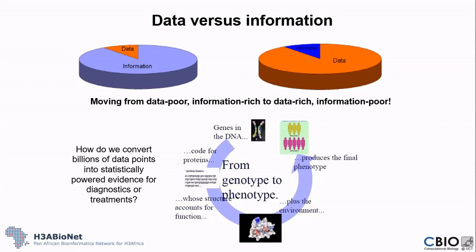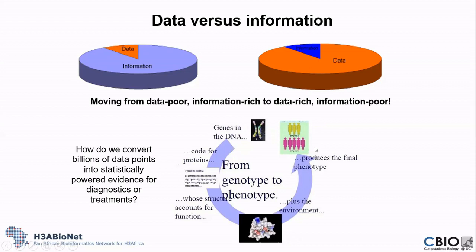So if you look at this image at the bottom here, we have our genes that are encoded in our DNA. These genes code for proteins, so they need to be expressed at certain times, in certain tissues and under certain conditions to make the right proteins at the right time. They have a particular function, they work in particular pathways, they adapt to particular environments to cause a particular phenotype.